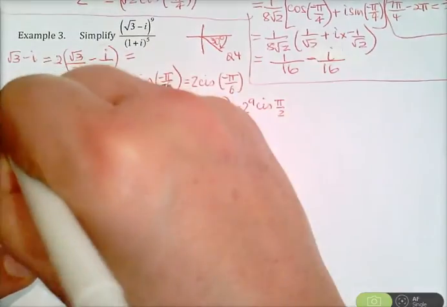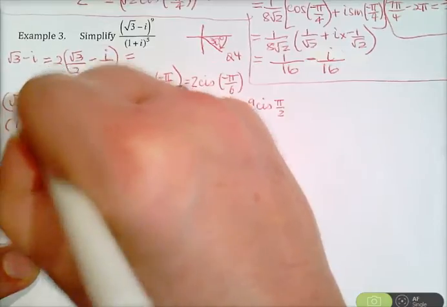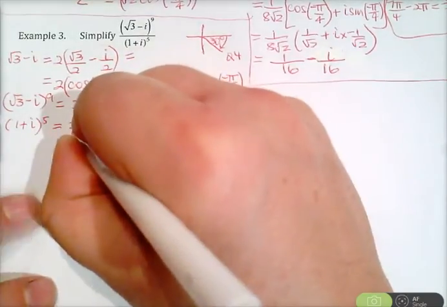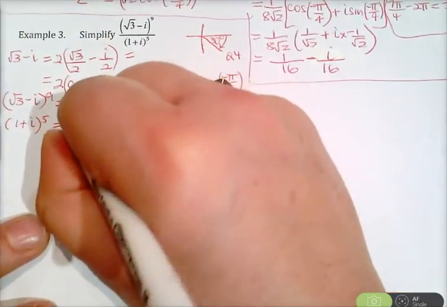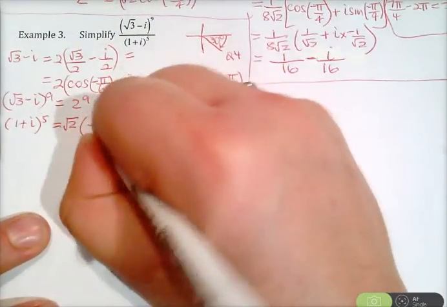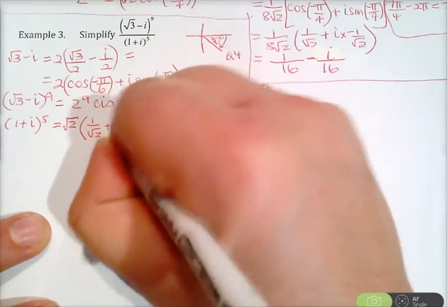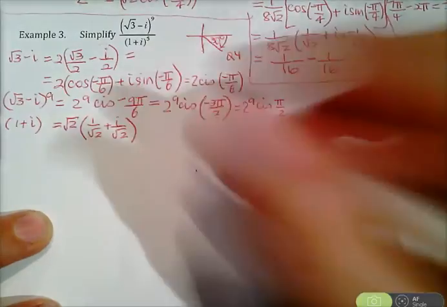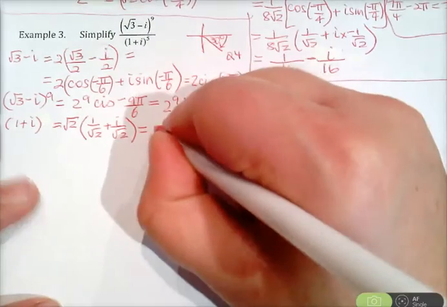Now with the denominator, 1 plus i to the power of 5, I'm going to do root 2. So we've got root 2, 1 over root 2 plus i over root 2. Sorry, I'll just do the 1 plus i first. So that is root 2.